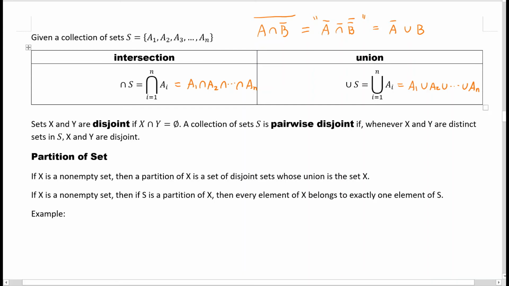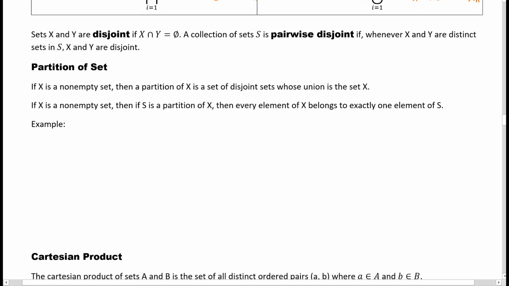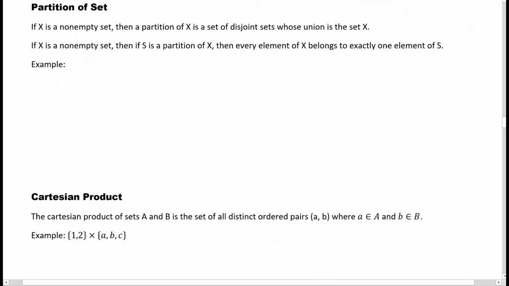Okay, next, partition of sets. If X is a non-empty set, then a partition of set X is a collection of disjoint sets whose union is the set X. If S is a partition of X, then every element of X belongs to exactly one element of the partition.